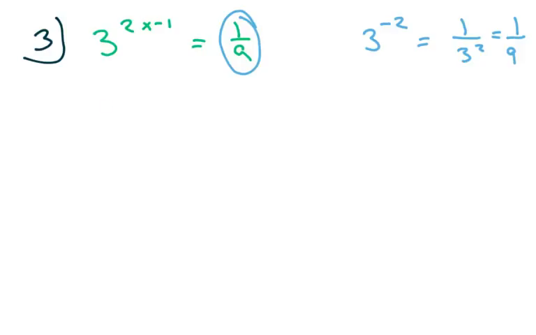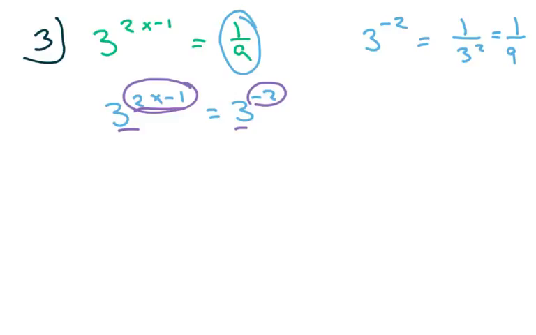So now I'm going to write 3 to the 2x minus 1 equals 3 to the negative 2. Now, since my bases are the same, I'm just going to solve for x here. You get 2x minus 1 equals negative 2. Add the 1 to both sides. So we're just adding 1. So you get x equals 1/2.